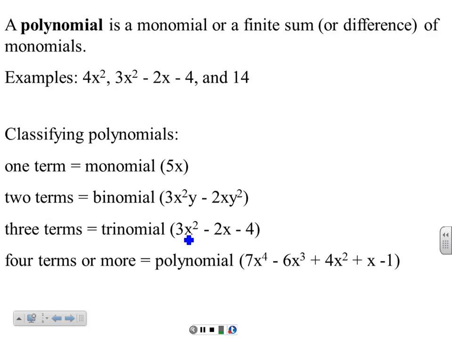So here you have your 3x squared minus 2x minus 4. This is the trinomial. A four-term polynomial or more, we're just going to agree to call those polynomials. Poly means many. Here we have 1, 2, 3, 4, 5 terms in this one polynomial. Technically it would be a pentanomial, but we're just going to agree that anything above 4 is going to be a polynomial.